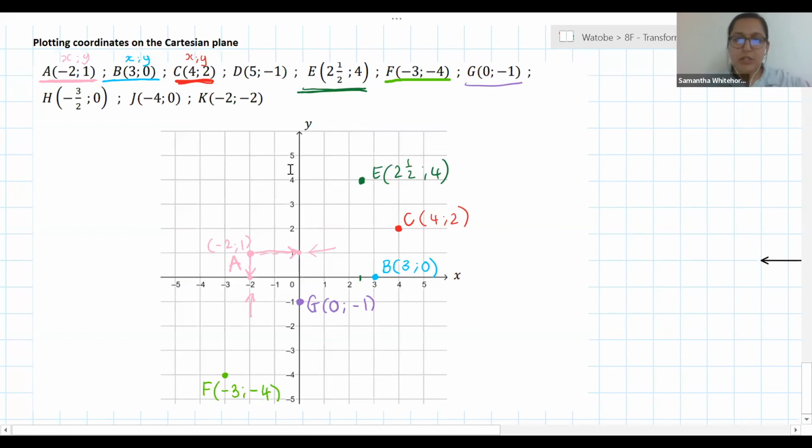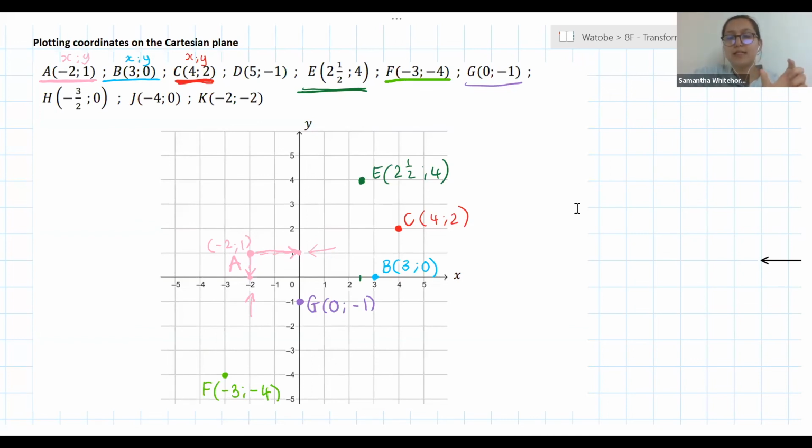Alrighty. So sometimes we work with fractions on the Cartesian plane, and for the most part, the fractions should hopefully be nice, like a half or a quarter. But if you do get weird fractions, remember that you can always use your calculator to work out what the decimal will be.